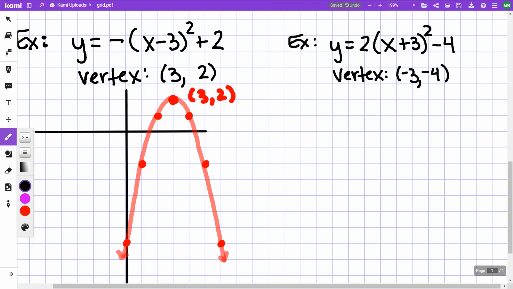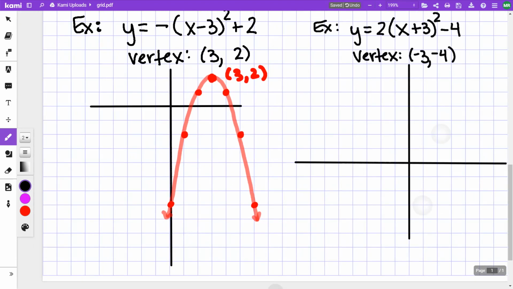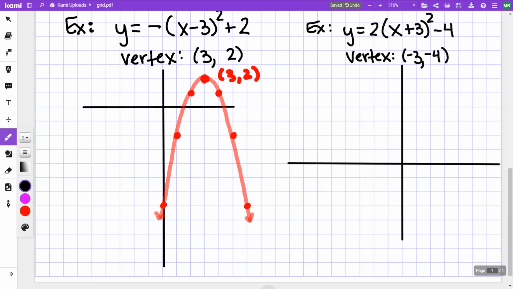So let me draw my graph so that I can get down to a -4. So I can drag this down a little more. Just going to drop it down a little bit. Thought I was at the bottom of my page.